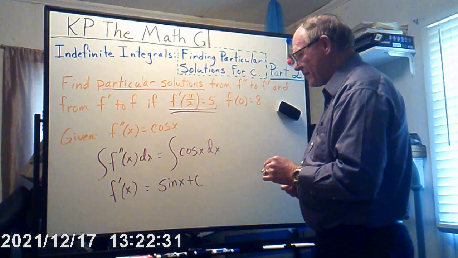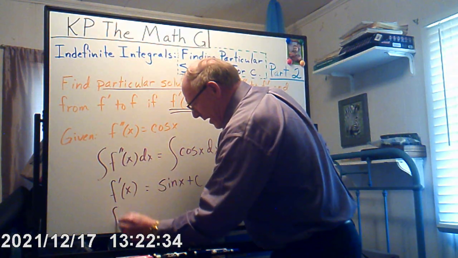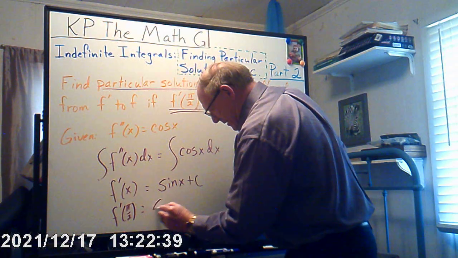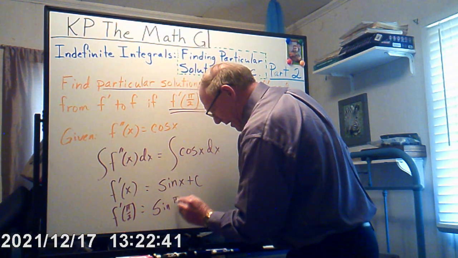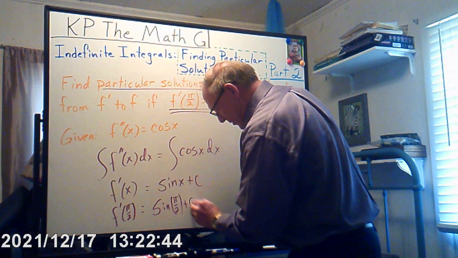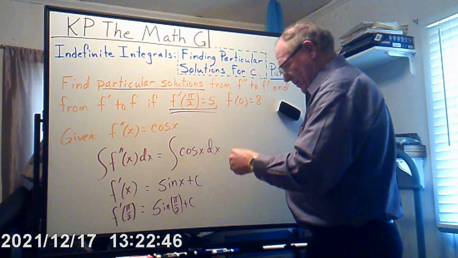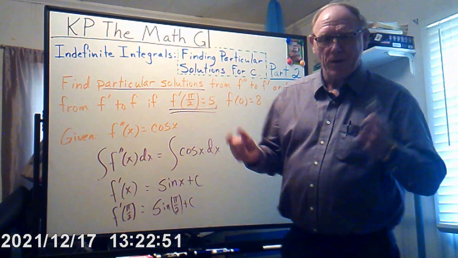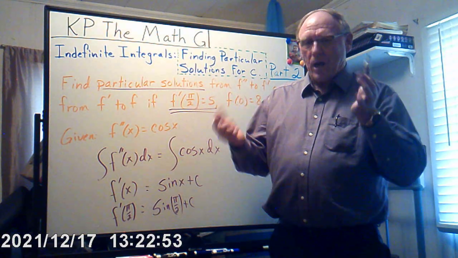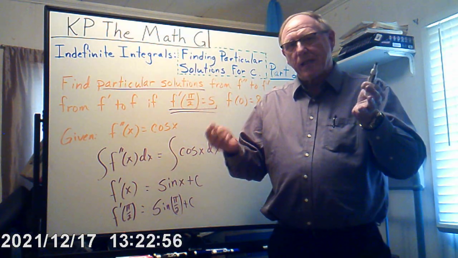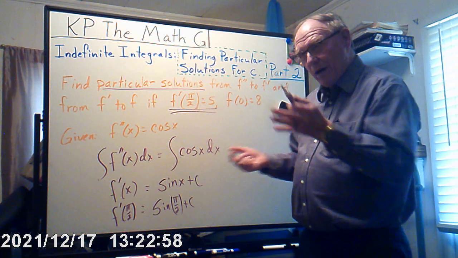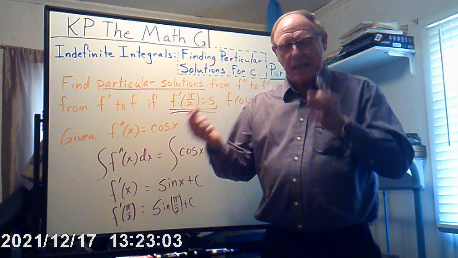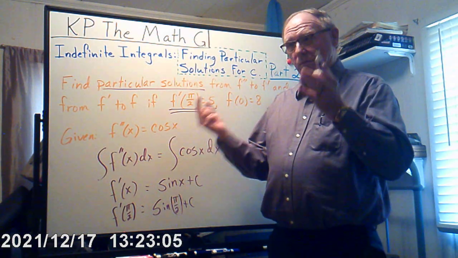So f prime at pi over 2 is equal to sine of pi over 2 plus c. Now, of course, sine of pi over 2. I hope at this level that you can remember what sine of pi over 2 is. Remember, pi over 2 is the same as 90 degrees, and sine of 90 is 1, isn't it?